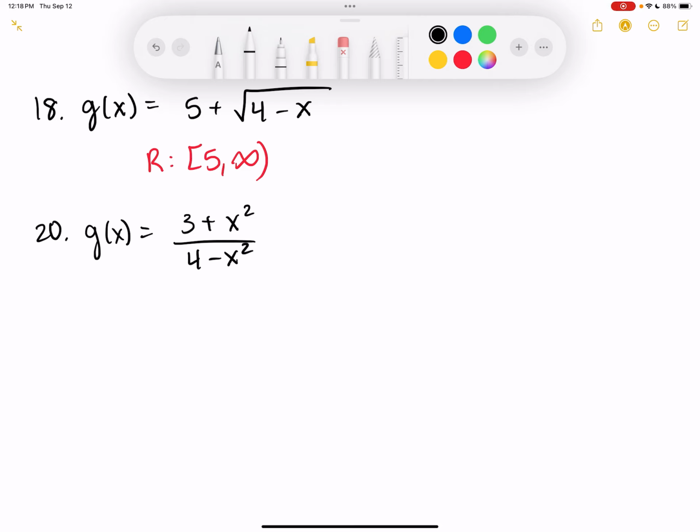All right, so I'm looking for the range. I need to figure out what y values this takes on. So I'm going to need to use trace again. It's starting me here at x equals 0, y is 0.75. What do you notice at that point?